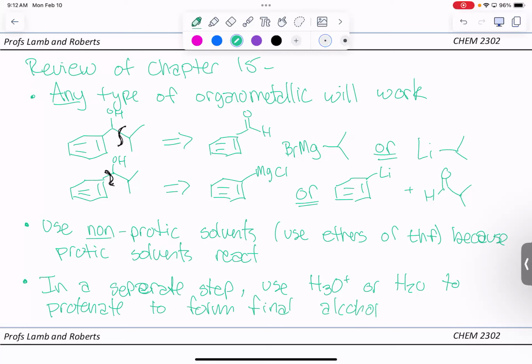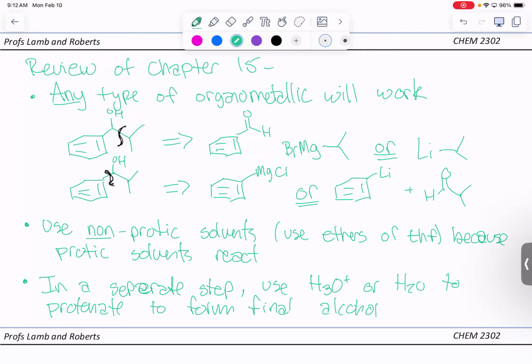So those are the three sort of bullet points that are the main takeaways, right? We can have a mix and match scenario with organometallics. We have a mix and match scenario about which bond to break to make the alcohol with an organometallic. Sometimes there is only one option, but in this case, we have multiple options for which bonds to break.